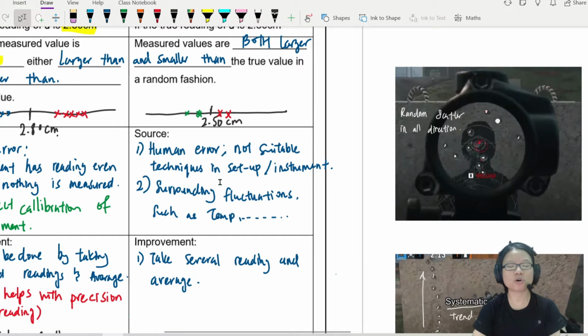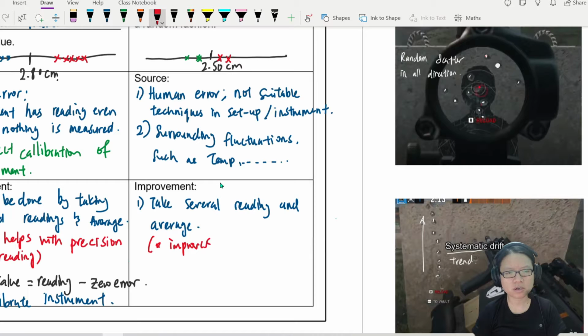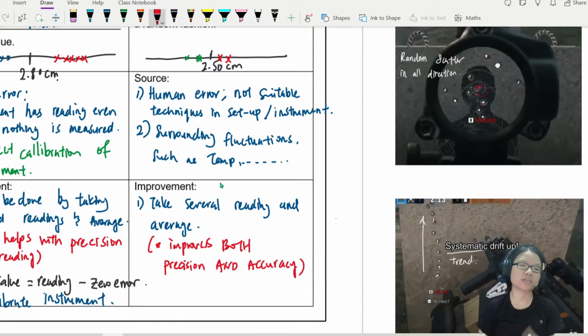This will improve both precision, meaning you can read to one more decimal point, and accuracy. Because there's human error, human reaction time, all that, you cannot avoid that. So the best thing to do is take repeated readings and average. Hopefully all your very human flaws will average out to close to perfect.